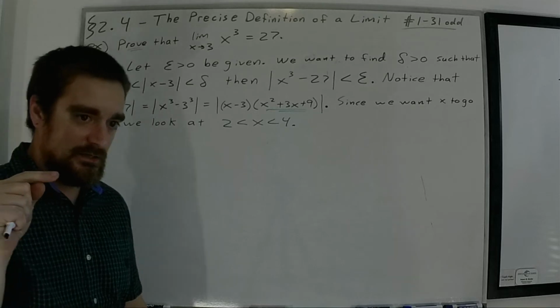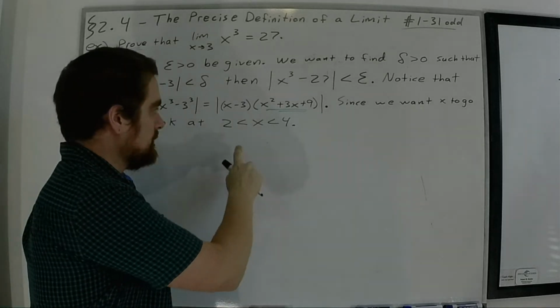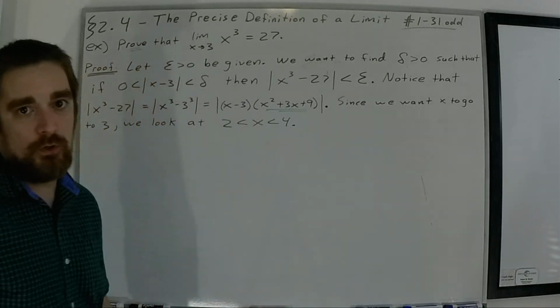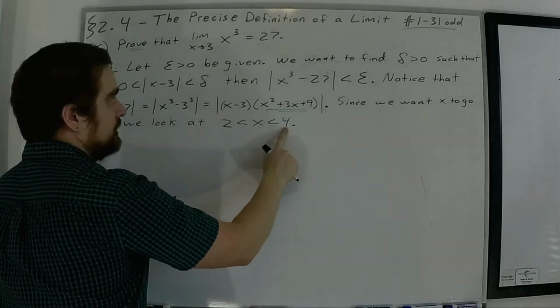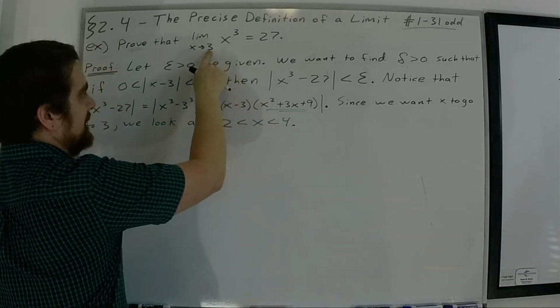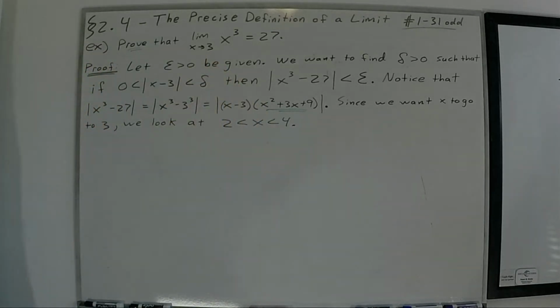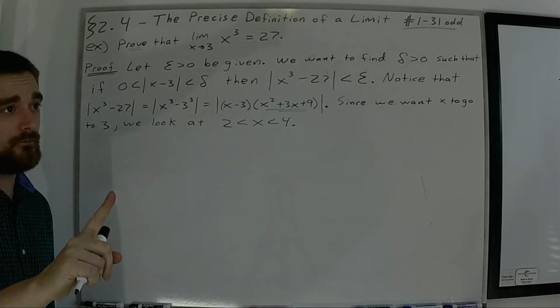Our job is to get as close as possible to 3, so I'm giving myself plenty of wiggle room here, which is totally fine because we're never going to look at 2 or 4 for this proof. We really want to get to 3. So I'm giving myself a little window, plus 1, minus 1. That's not my delta. My delta is not 1.